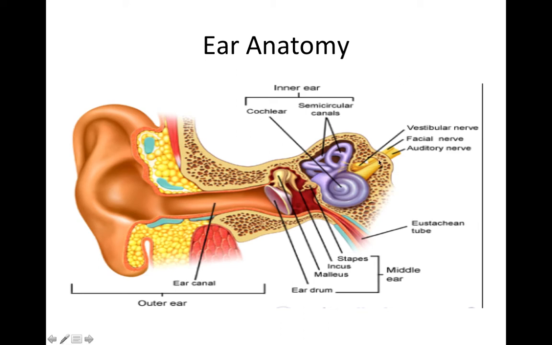Note that the vestibular nerve and the facial nerve and the auditory nerve all come together outside of the inner ear. They actually do not pass through the middle ear, and we'll look at that in more detail here shortly.